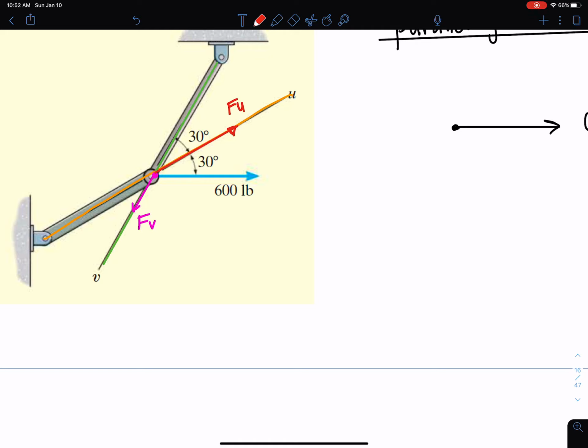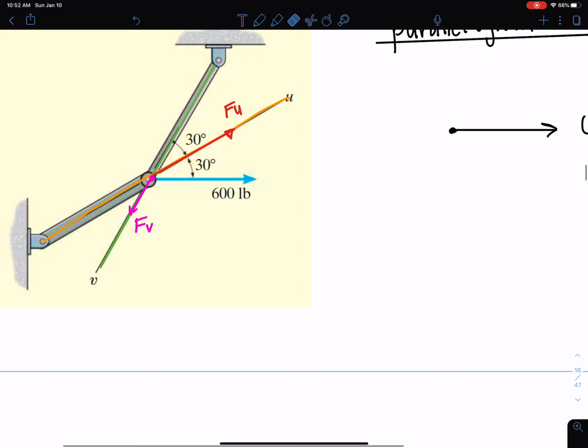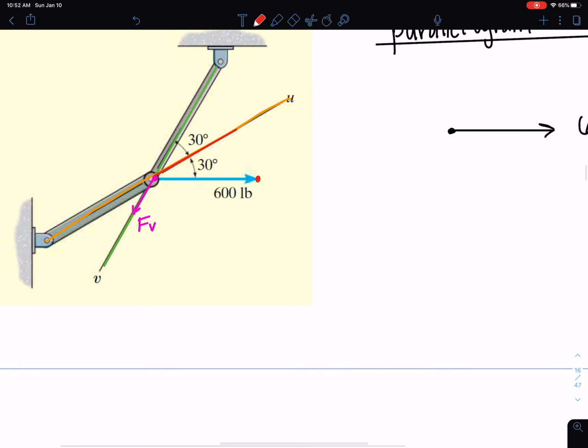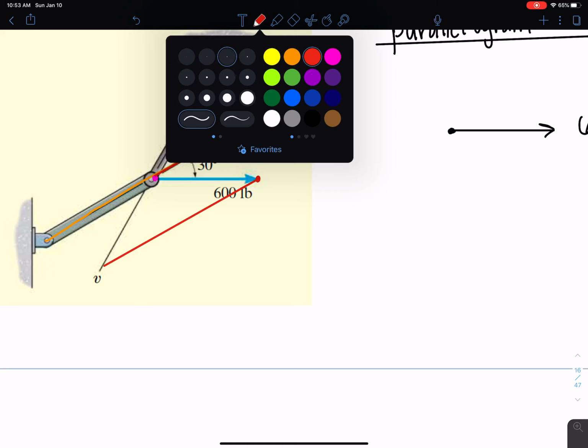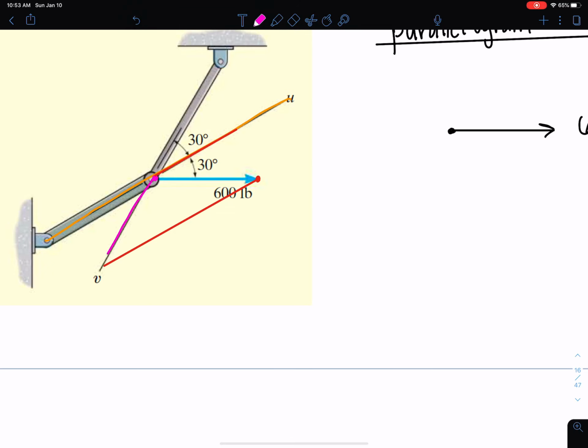Let me see if I can draw this a little bit better. This would be my resultant, so I need to figure out how to connect these. This would connect here. It's a little tricky drawing it the other way around, but we can do it. This would be my F sub v.